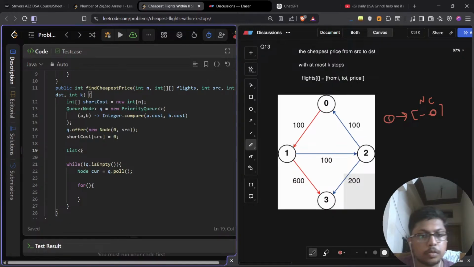The first list would be for the indexing, and the second list would be helpful for storing those things.